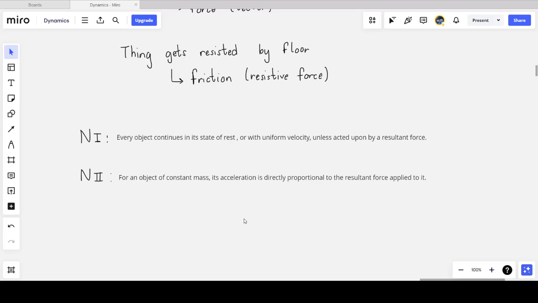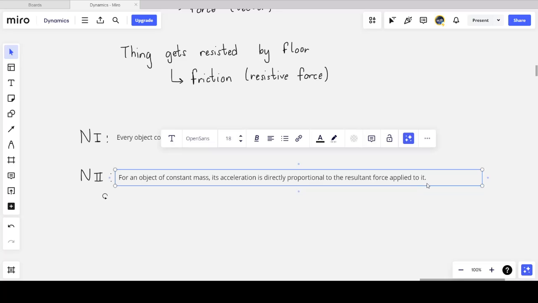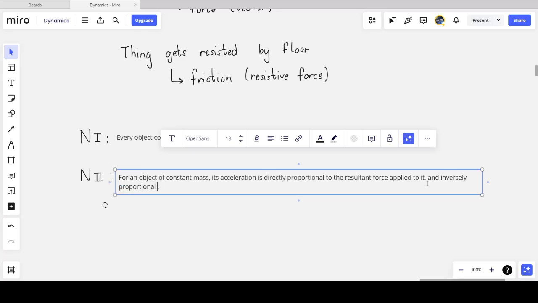The second law says, well, what if there's a resultant force on an object? Then the object will accelerate, and that acceleration will be directly proportional to the resultant force that's applied to the object, and inversely proportional to its mass. I think that should also be part of the definition.